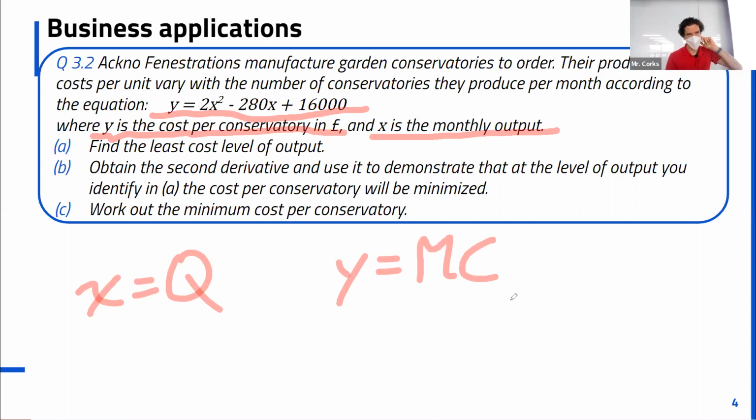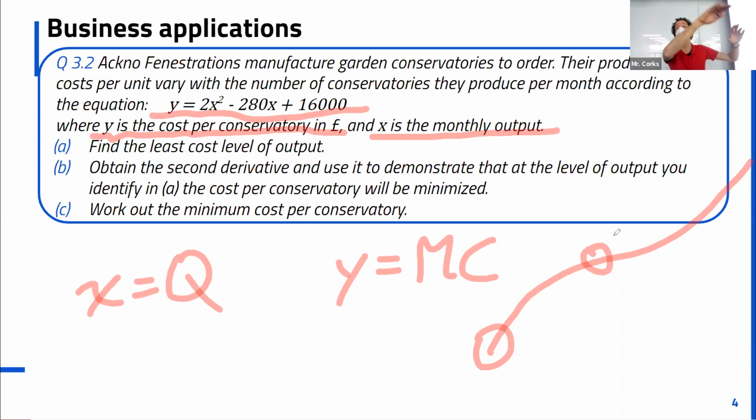Remember, for these total cost curves, it's not just linear, it's curved, because our production gets more efficient. When we make the first one, our per unit cost is this, but when we make number 500, we're a lot more efficient, and the cost to make number 501 is less than the cost of making the first one.